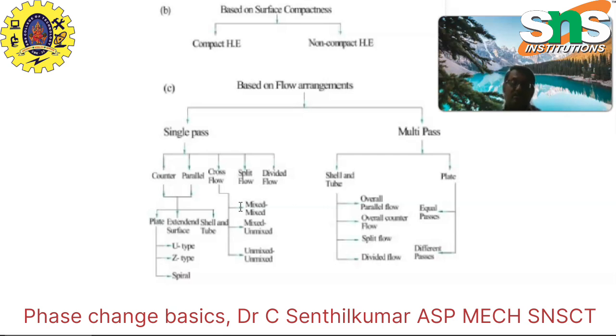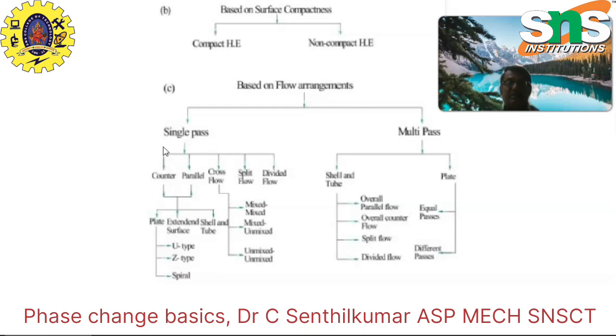Coming to the cross flow, there are three types: mixed flow, mixed unmixed flow, and unmixed unmixed flow. These categories we can see in our heat and mass transfer data book clearly, with its sketches, related formulas and related values.